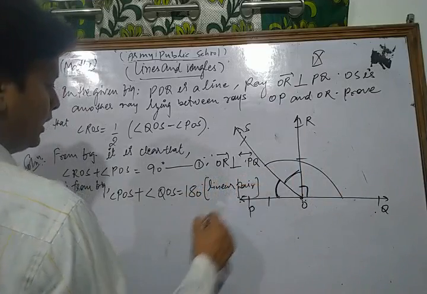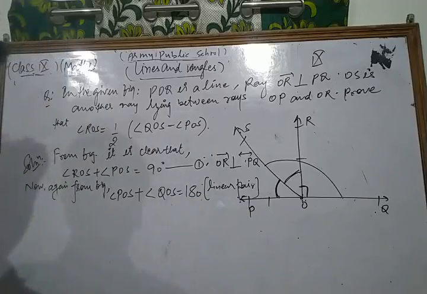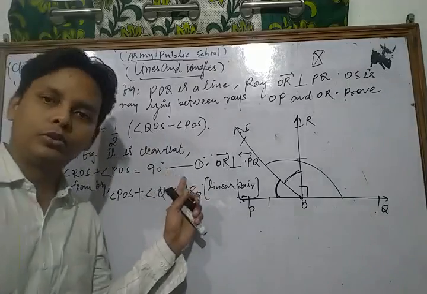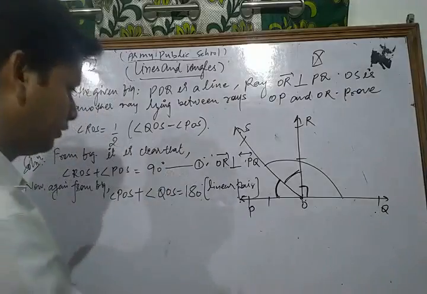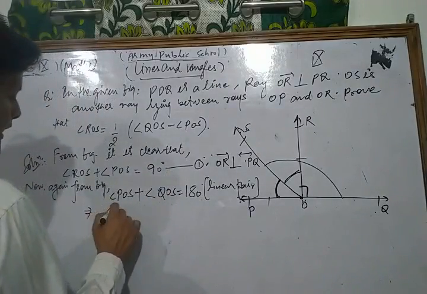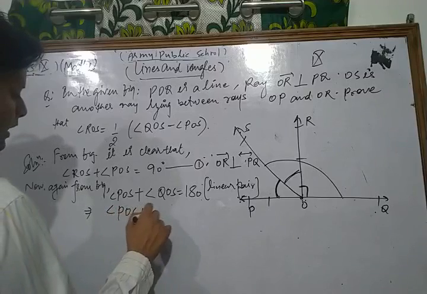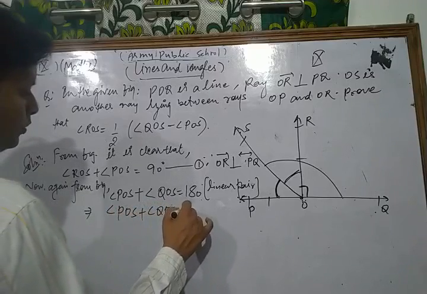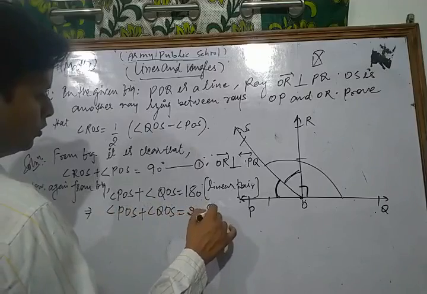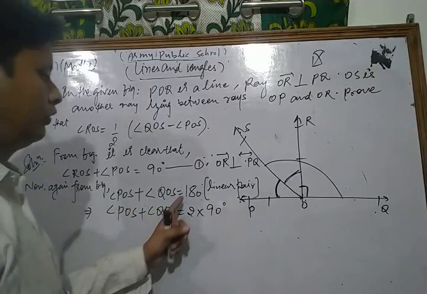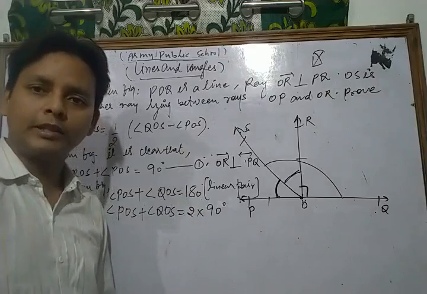Now let's use that and this equation. We can write angle POS plus angle QOS is equal to 2 into 90 degrees, because we write 180 as 2 into 90.